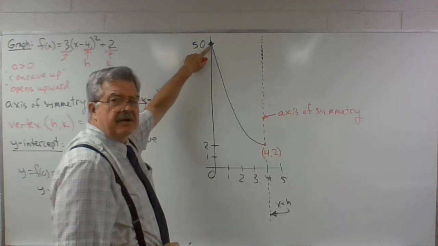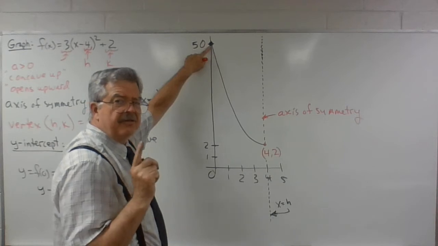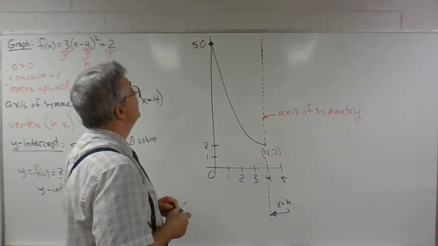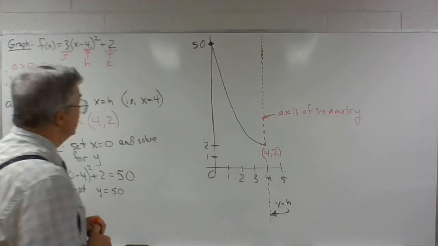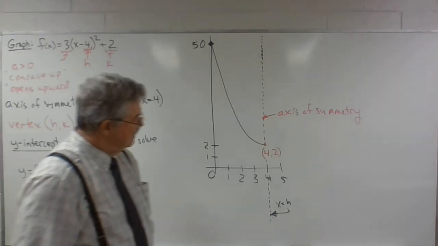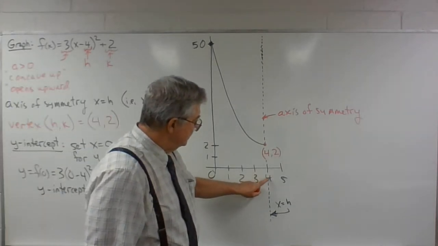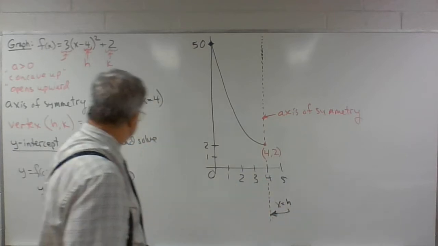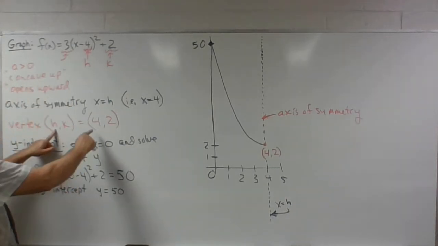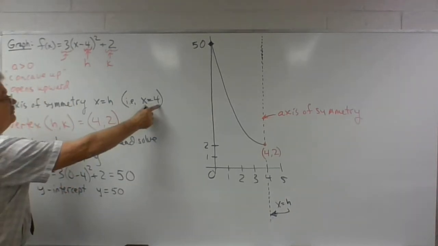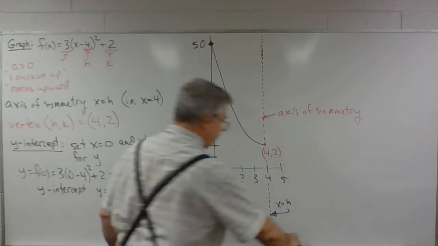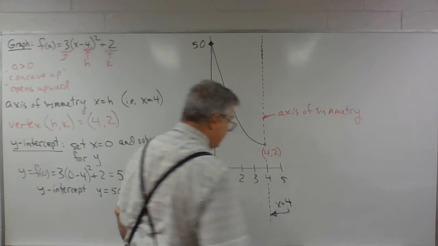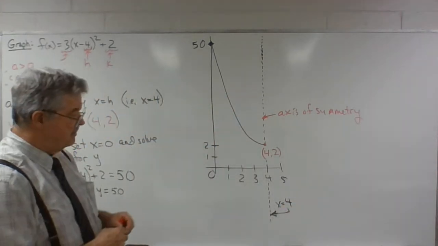Well, we're on the y-axis, so the x-coordinate here is what? 0. And like a real moron, I didn't help myself here. This is the line x equals h. But here h is 4, isn't it? So x equals 4 is the axis of symmetry. Forgive me, I'm on autopilot again.